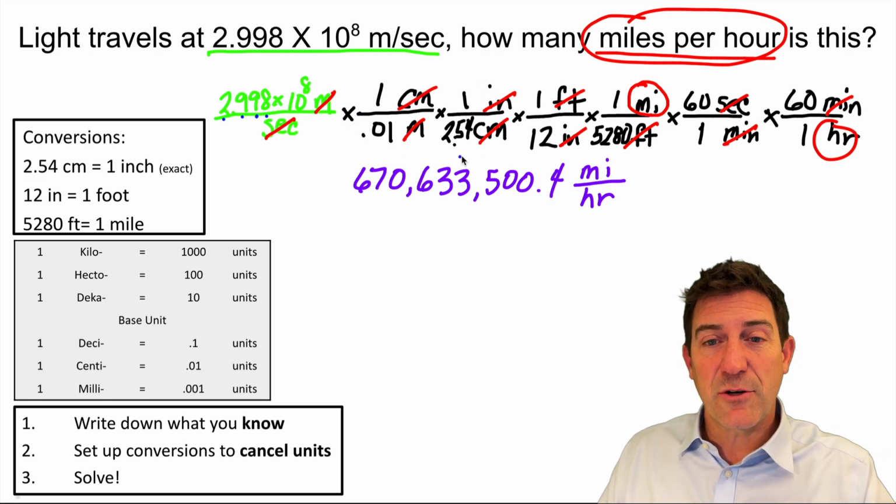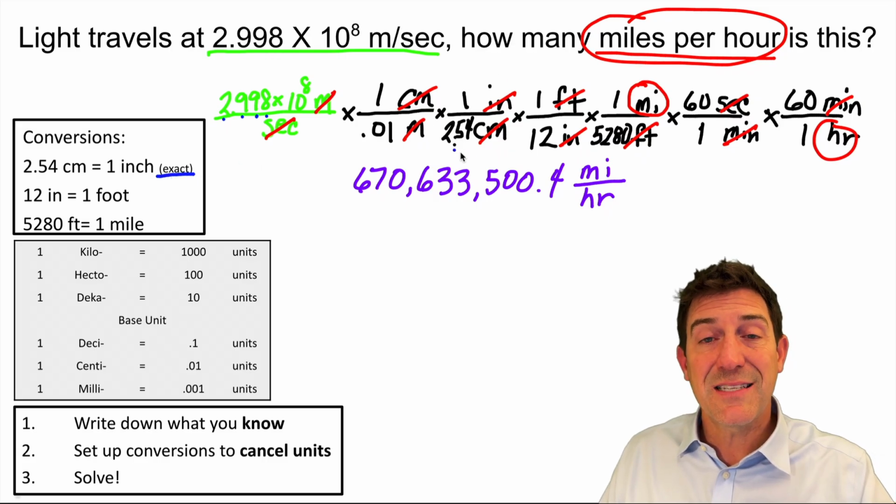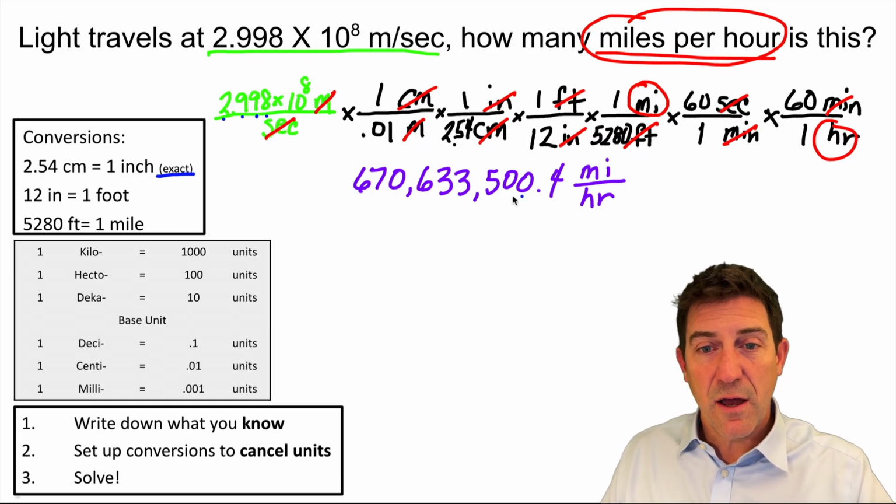This is not a metric conversion. 1 inch is English, centimeters is metric. But look, I chose that one as a conversion for you because it's exact. So we're going to end up with good significant figures in our answer. We don't need to worry about it because it's an exact conversion.